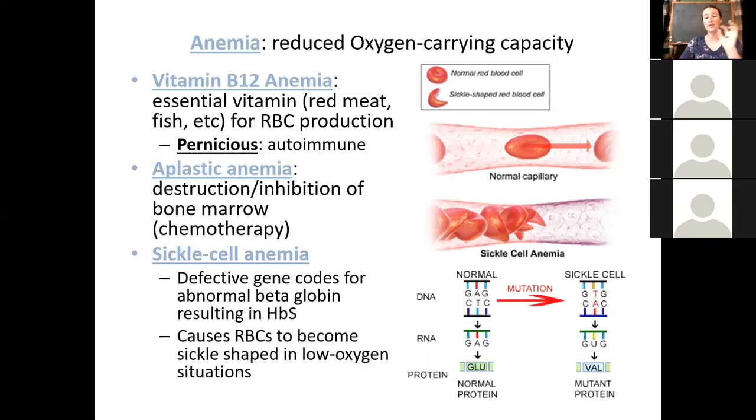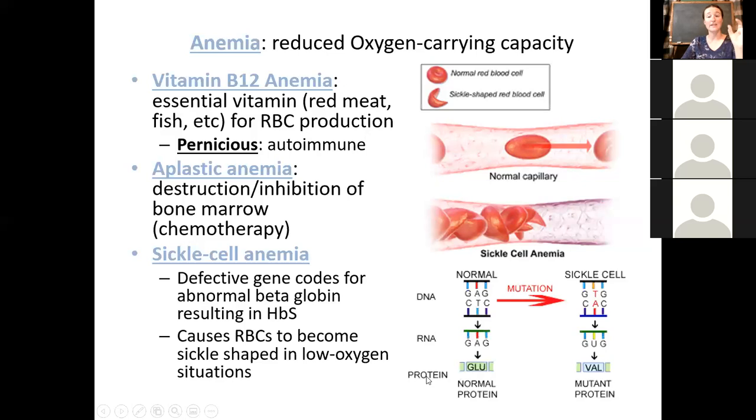This is the mutation of one single nucleotide within the DNA, and ultimately, as we can see over here, changing an A to a T is ultimately going to produce a different protein, so a different amino acid sequence.